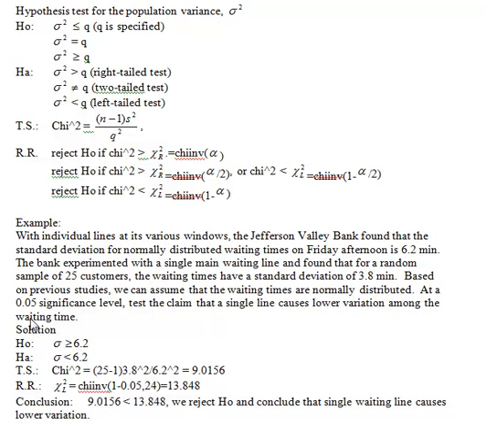At 0.05 significance level, test the claim that single line causes lower variation among the waiting time. Now remember, low variation means standard deviation is smaller or variance is smaller.